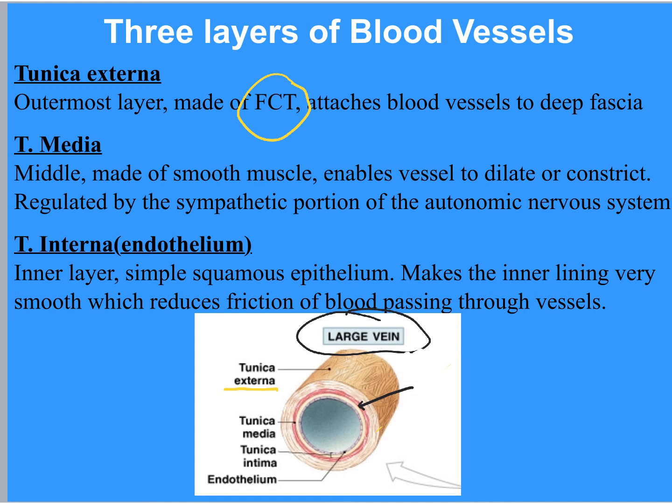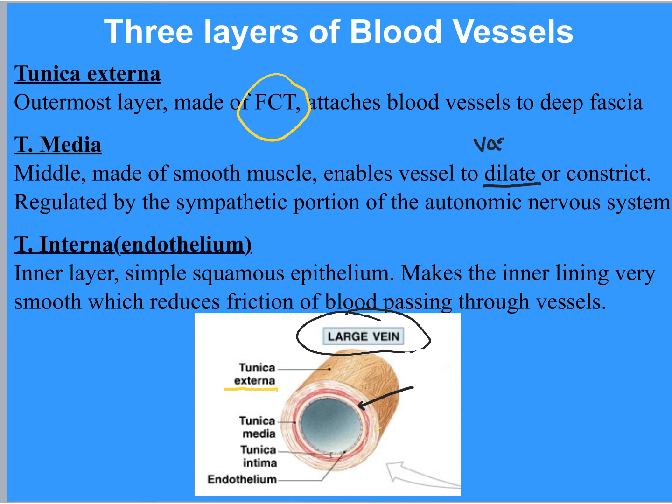So that red line that you see, or the red donuts encircling the vein, that's smooth muscle. And what that smooth muscle is going to do is allow the vessel to decrease its diameter or increase its diameter. So when the vessel increases its diameter, we say the blood vessel's dilated.